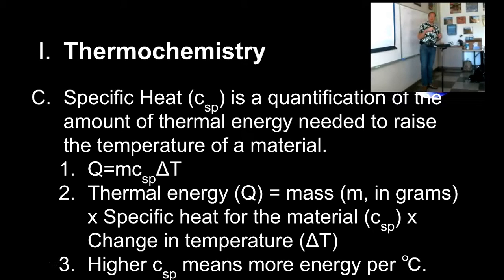So you take a piece of something, you stick it in fire, and it absorbs thermal energy, and its temperature will change based on its value for the specific heat. So the higher the specific heat value, the more energy it takes to raise its temperature. And this equation will be used by you many times here, and many, many, many times in physics. We spend a long time on that equation. So it will become your friend by the time you're done with school.